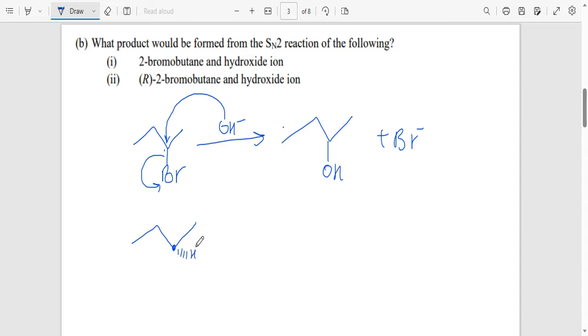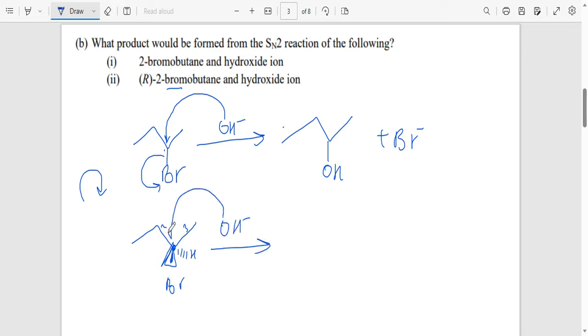Hydrogen always carries position number 4 because it has the least priority, and then the bromine is going to carry position number 1. The one which will carry position number 2 is this one, number 3 is this one. And for our configuration, we need to write something going in this direction as long as the hydrogen is in the back, meaning that our bromine can be here. So this is (R)-2-bromobutane, and then the reaction with the same hydroxide.